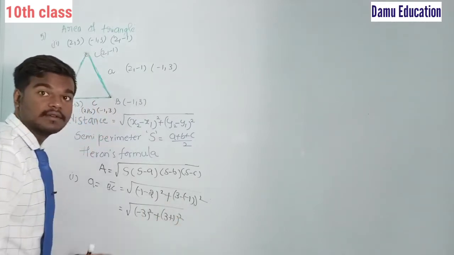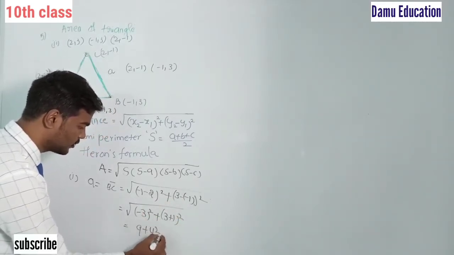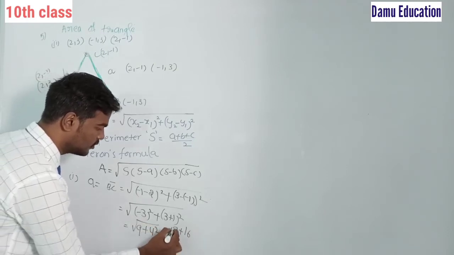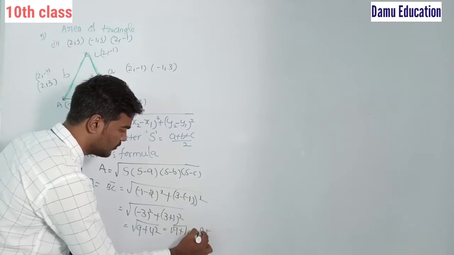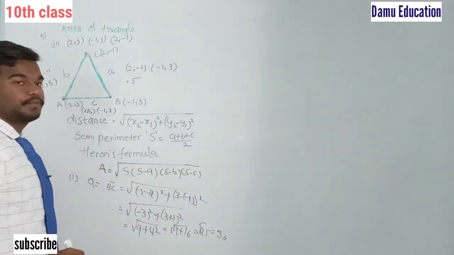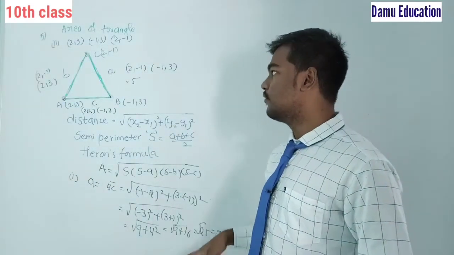So minus into minus will become plus, that is 3 square, that is 9, plus 4 square, that is 16. 9 plus 16 is square root of 25, that is 5. So the value of A is 5.